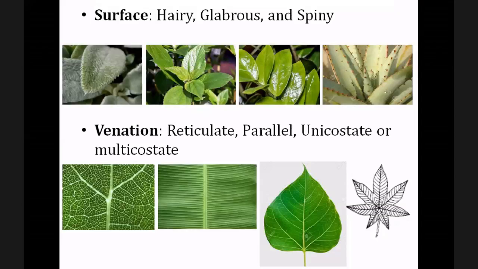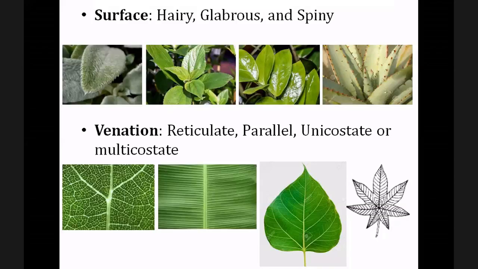The next one is the venation. How the veins are arranged in the leaves, we call venation. Under venation there are reticulate, parallel, unicostate or multicostate.